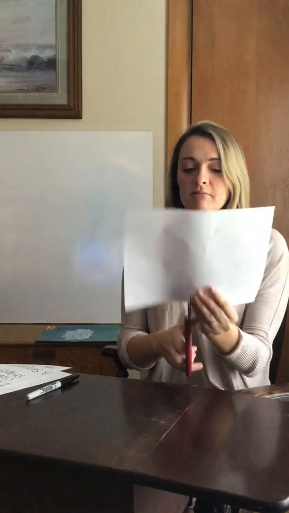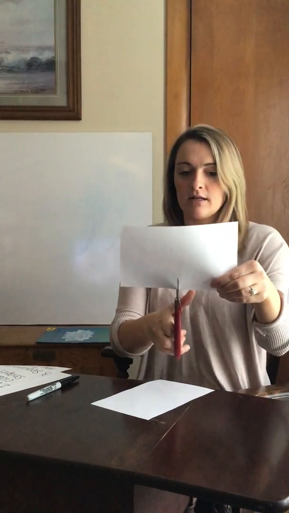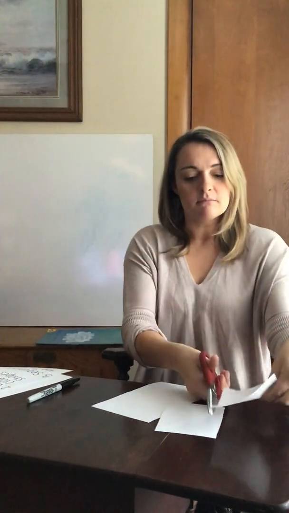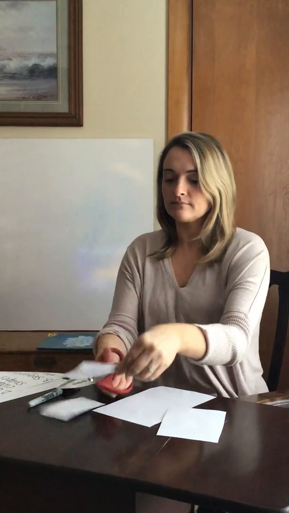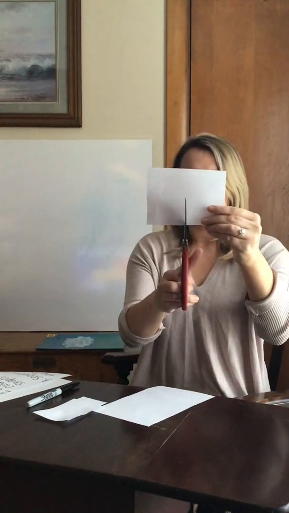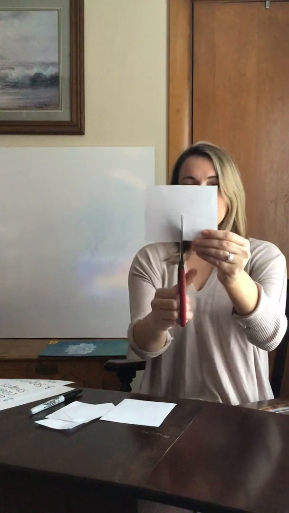I like to cut it down the middle first to make 2 pieces of paper, then cut it in the middle again, then cut it in the middle again. Take this, cut it down the middle. Take this, hold it the long way, cut it in the middle, turn it, cut it in the middle, turn it, cut it in the middle.